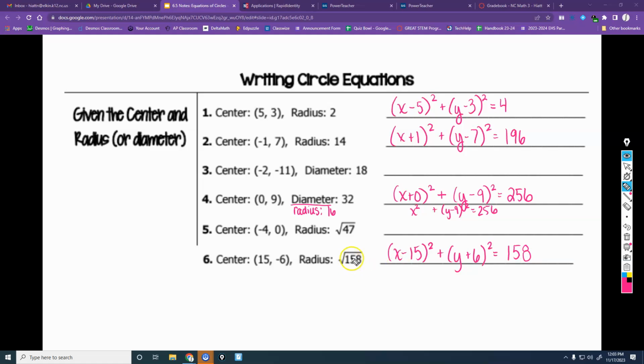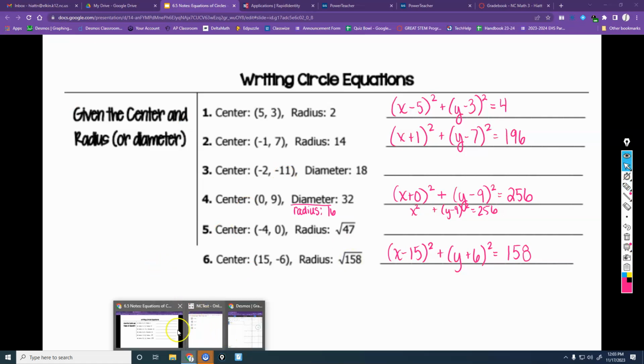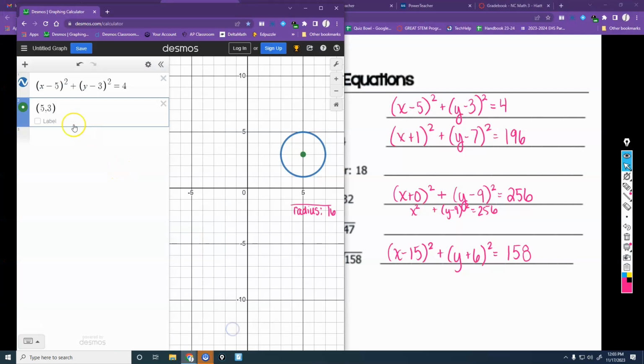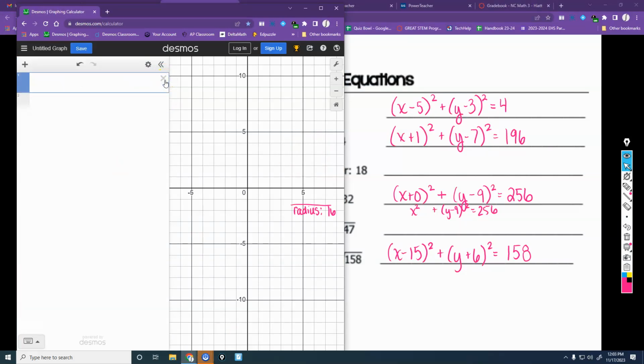So whenever you're doing this, you can type it into the calculator or Desmos. You get the square root of 158, you copy it, you paste it, you square it, and that is because it rounded just a little bit, that 1 at the end there.